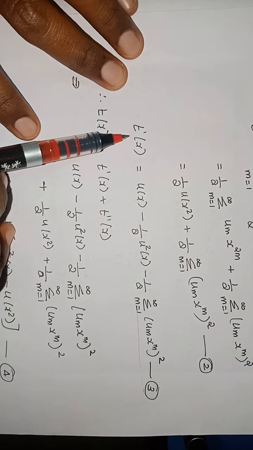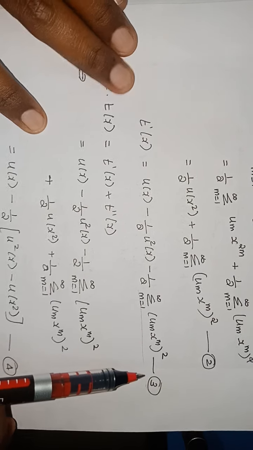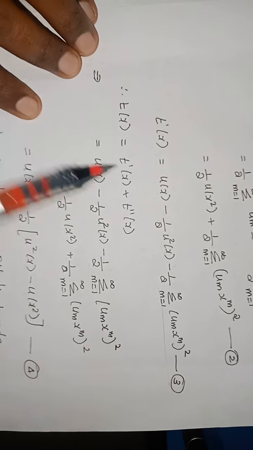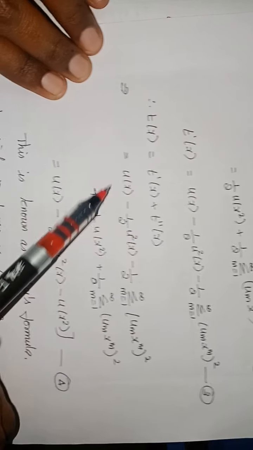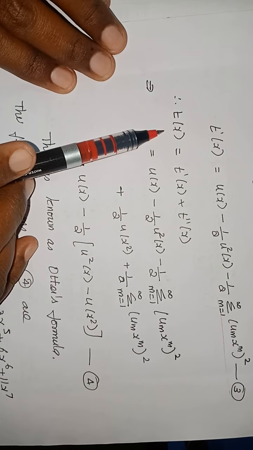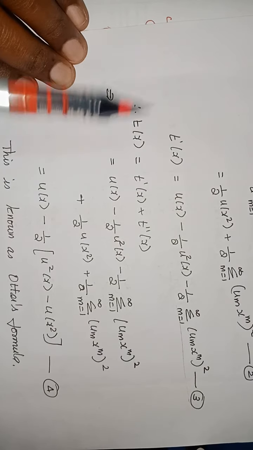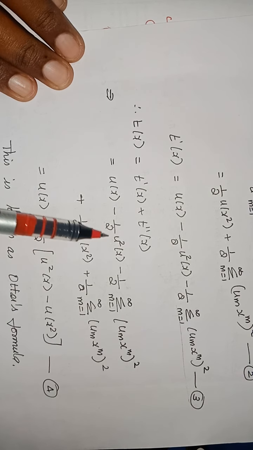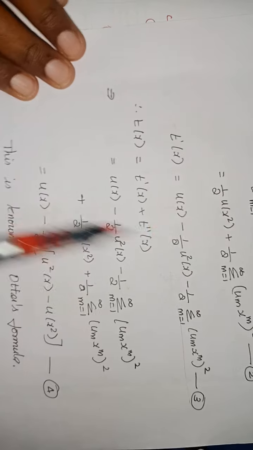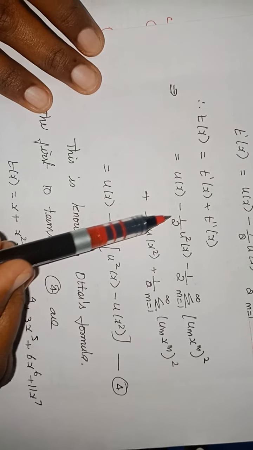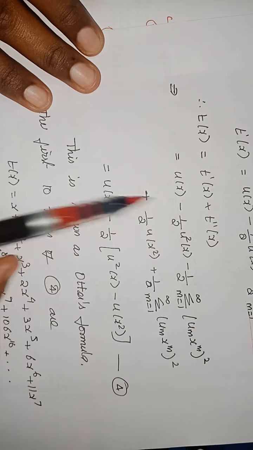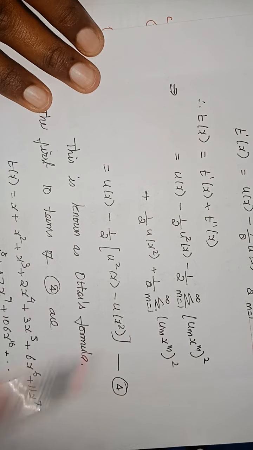Similarly, I can find T dash of x from rooted labeled trees. So when I sum up these two, I will get the total number of unlabeled trees. When I sum up these two, u of x minus this plus these two, I can cancel these two and I will be left with u of x. Here half is common, take out minus u square of x minus u of x square.